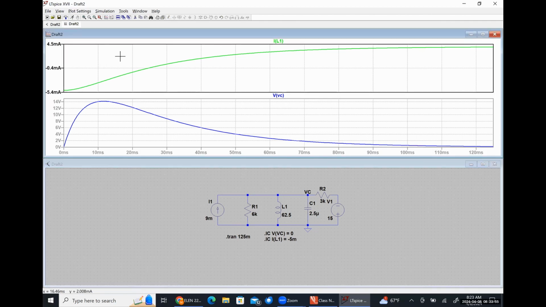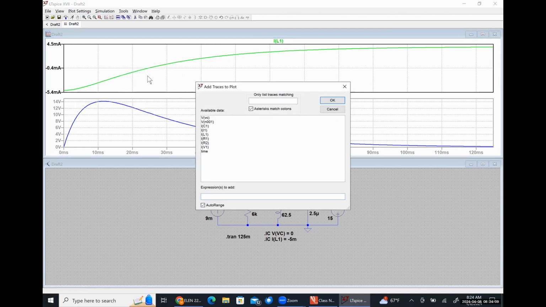All right, so these are the results of my simulation. Now I'm going to put in the results of our analysis, okay? With the top plot plane selected, I'm going to add a trace, and all I'm going to do is literally type in the mathematical expression that we came up with, which, if I am not mistaken, was negative 12 milliamps.